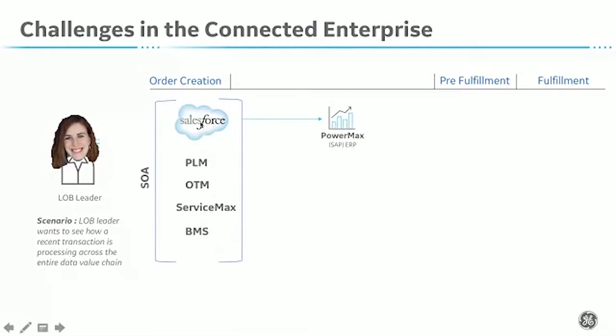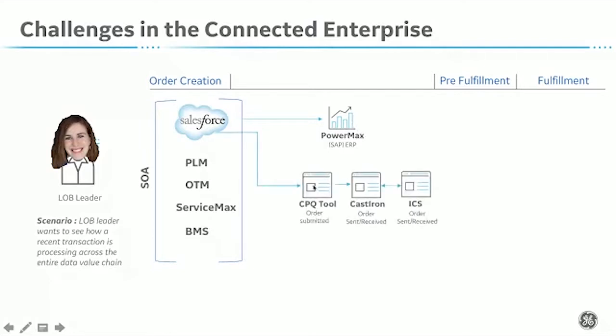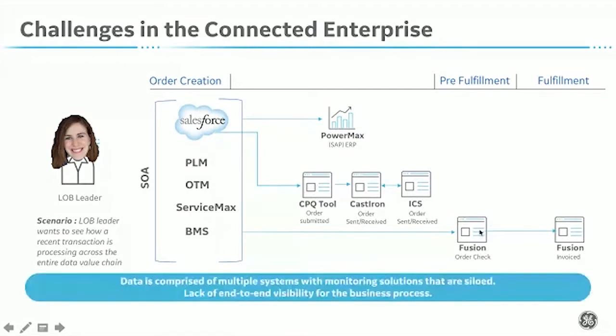So, okay, she creates that order and data gets populated into her ERP system. And also it goes down to her pricing chain and it goes through all of these. Okay, that's a lot of data sources. And then once it's made it through the pricing cycle, well, then that triggers going to Oracle for the fulfillment and the invoicing. And okay, already we've got like 10 different data systems on the screen.